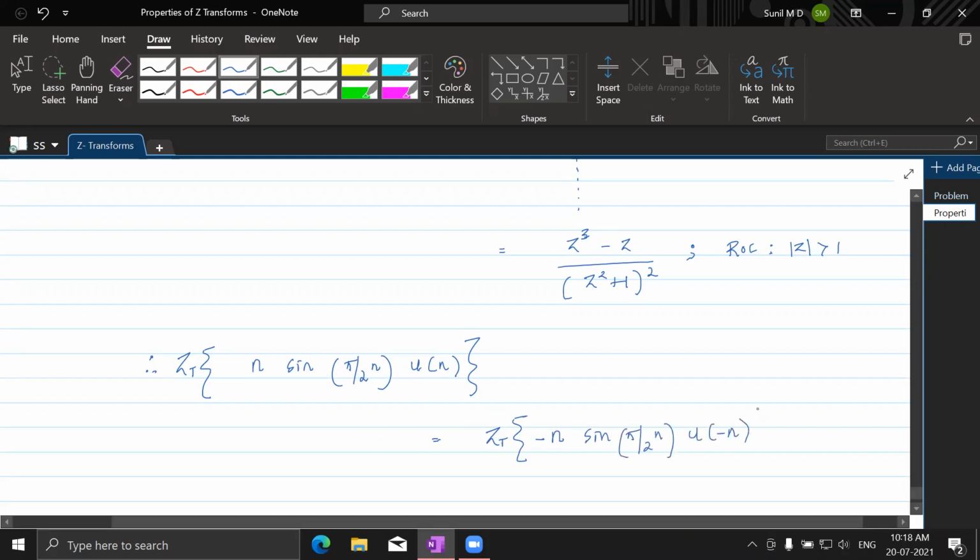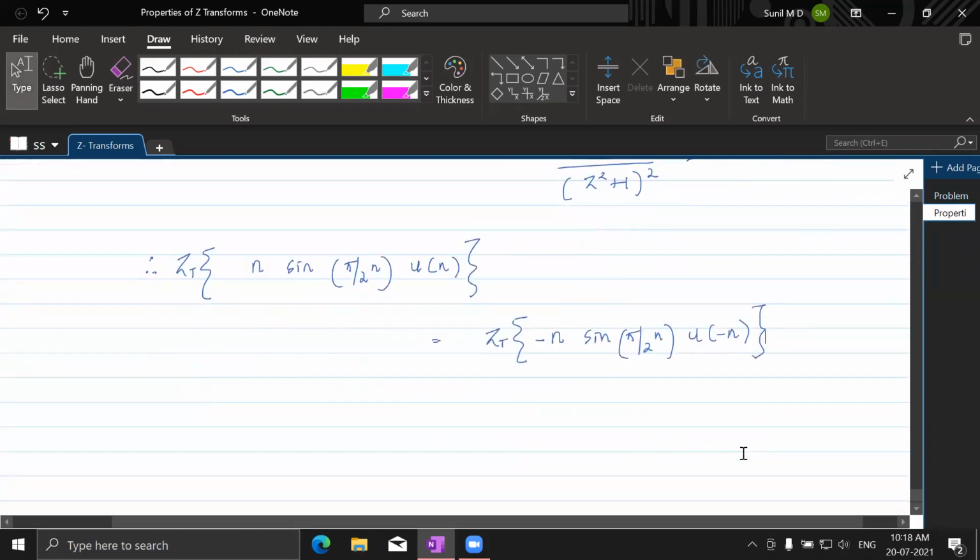So that means we have negated the n everywhere. Now we have to use the time reversal property. Therefore, by time reversal property, what do we have using time reversal property?